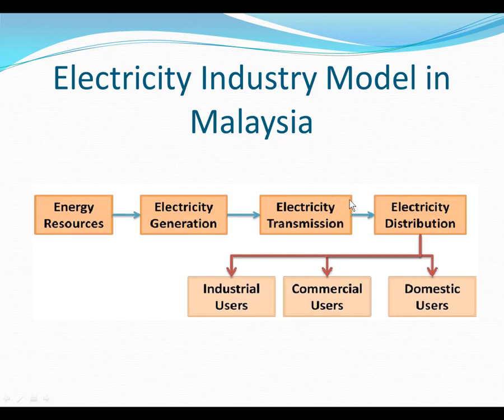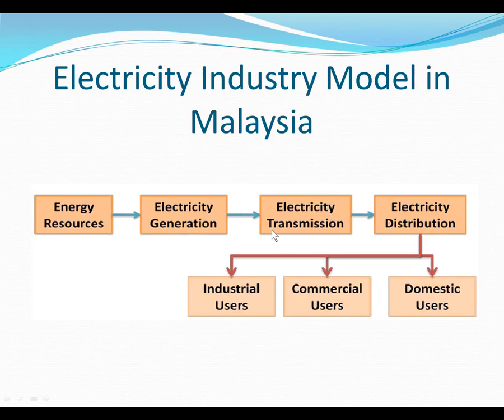Most of the time, the transmission system will use high voltage transmission line. Okay? Why do we use high voltage? We use high voltage to reduce power loss as well as to reduce the voltage drops in this transmission system. Okay, so by reducing power loss and voltage drop, we also can reduce the cost of the losses.